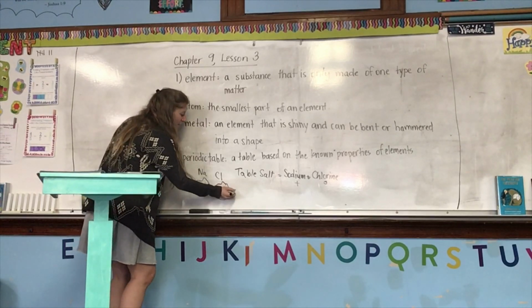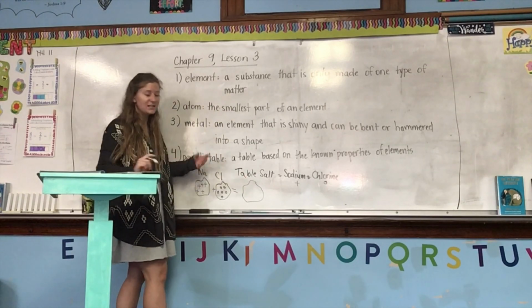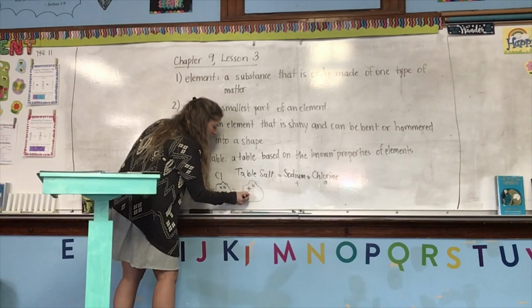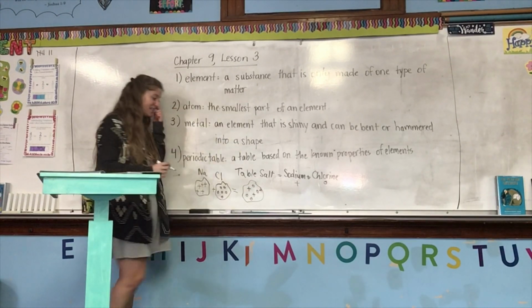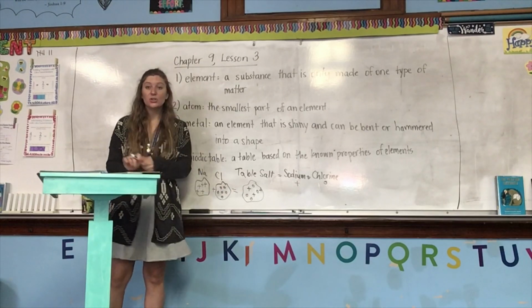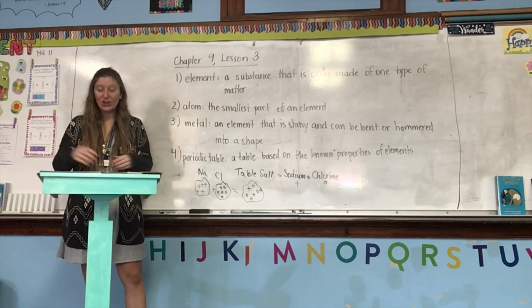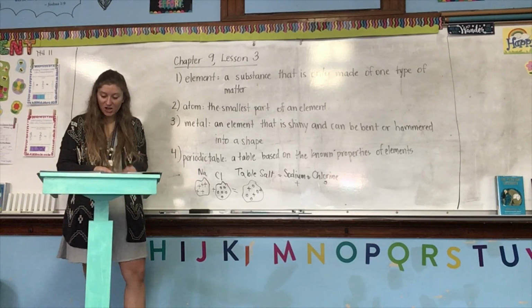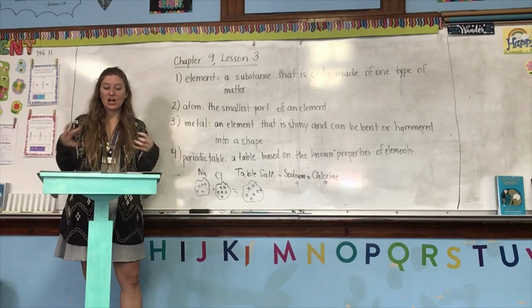If we put these elements together, it equals table salt, which is a compound because it has atoms of both sodium and chlorine together. That's the same as diamonds, coal, and graphite. They are made of carbon along with other elements to create this compound.